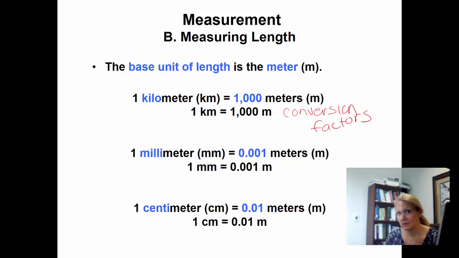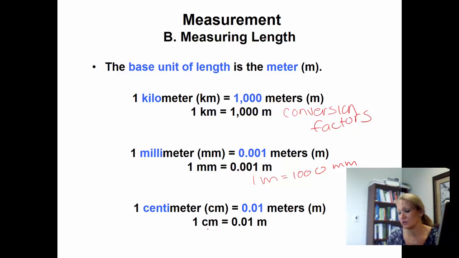Milli means 1,000th. So 1 millimeter is 0.001 meters. You would have to have 1,000 millimeters to equal 1 meter. That's another way to look at it: 1 meter equals 1,000 millimeters. Centi, or centimeter, is 100th.